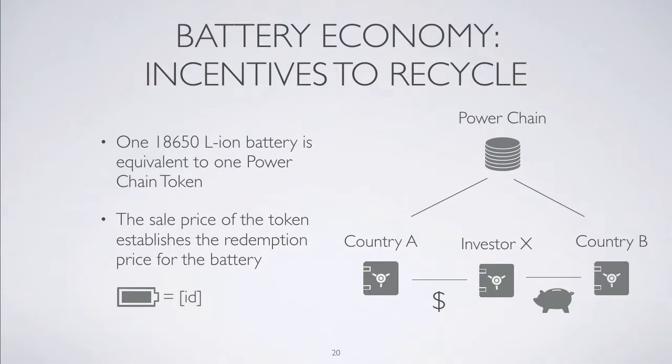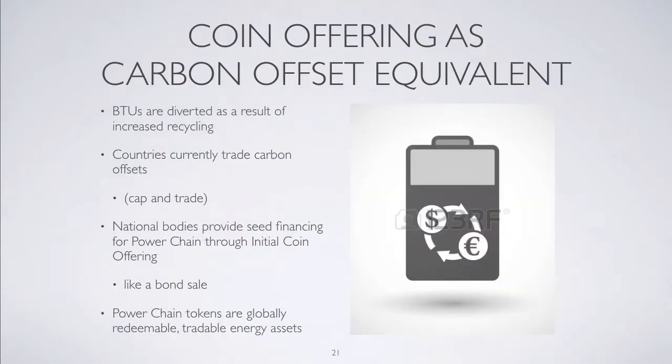So one way that you could bootstrap this system economically would be to look to other blockchain applications and to draw an analogy to carbon offsets. An idea here could be that if a country manufactures 20 million batteries, then that country purchases 20 million tokens, and then those tokens are resold to the manufacturer.